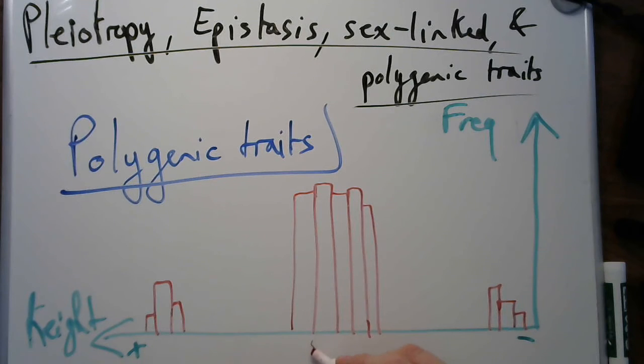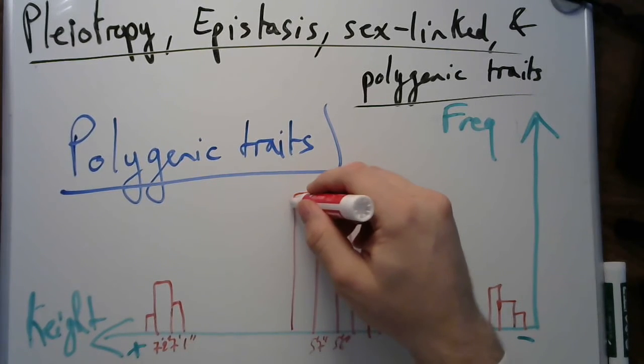So let's see, that's like 5'7", and that's 5'6". All the people between 5'6" and 5'7", that's that bar, and this is like, I don't know, 7'1" and 7'2". The people between 7'1" and 7'2", that's that bar. If you fill in the entire graph, you'll see something filling in.